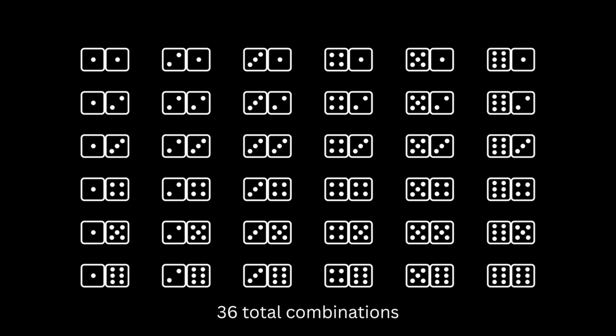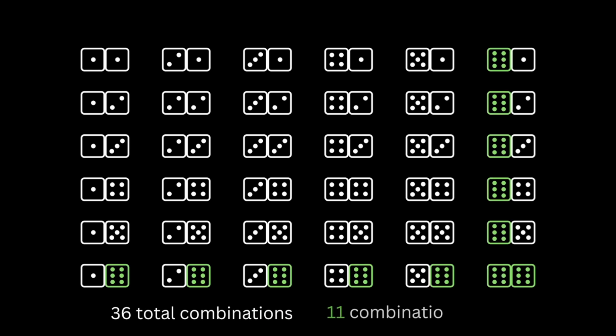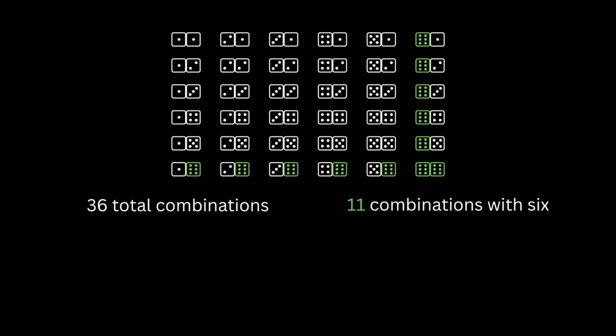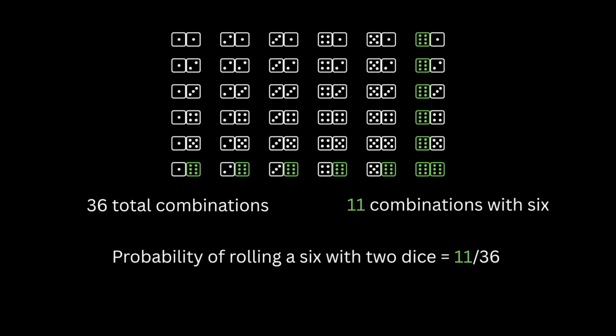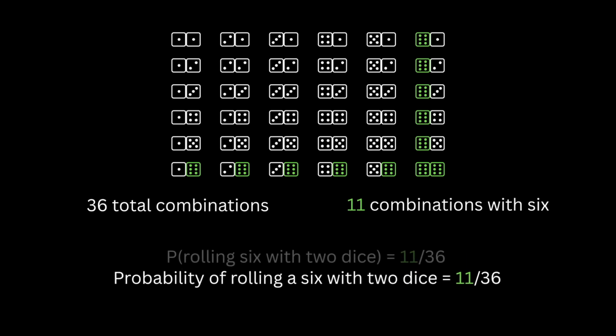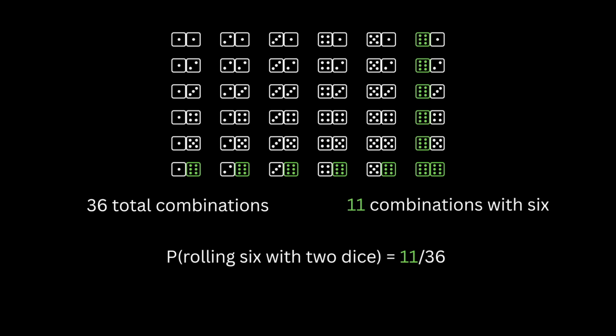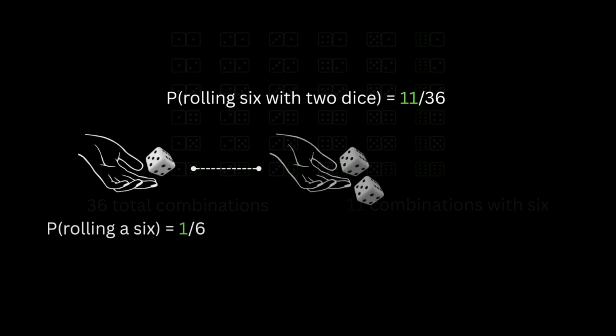We can then count all the different 6s, and we see here we have 11 combinations with a 6. So the probability of rolling a 6 with 2 dice is 11 over 36, as we have 11 combinations with a 6 and 36 total. Again, we can formalize this by saying p of rolling 6 with 2 dice, but that was fairly simple again.